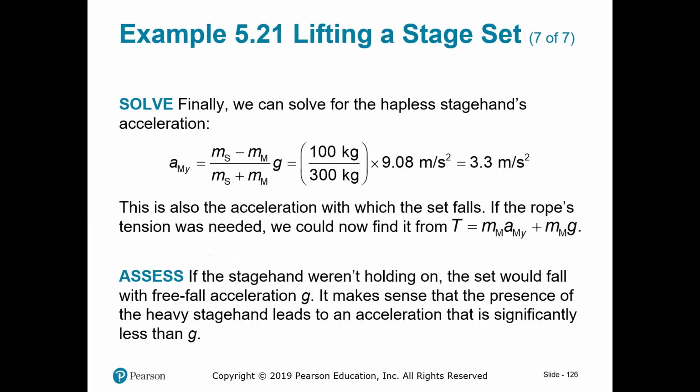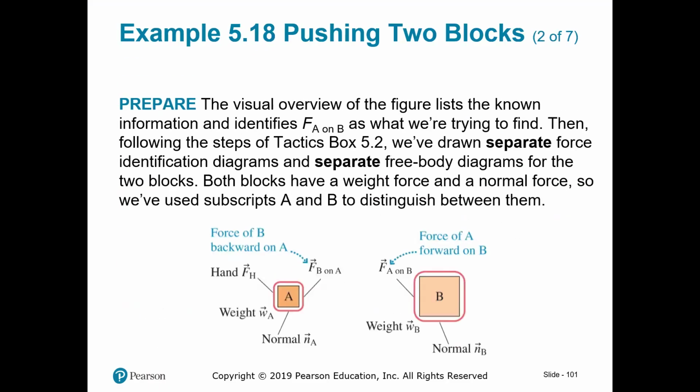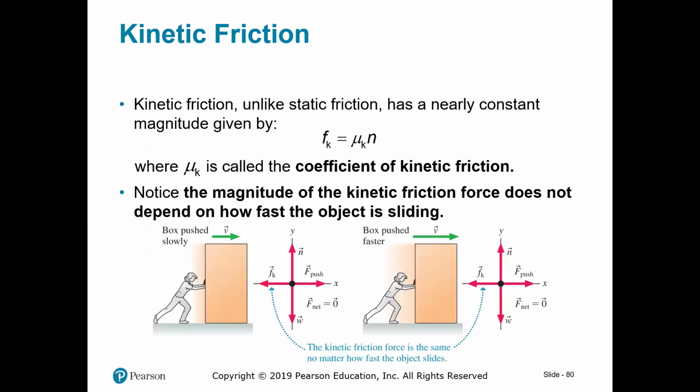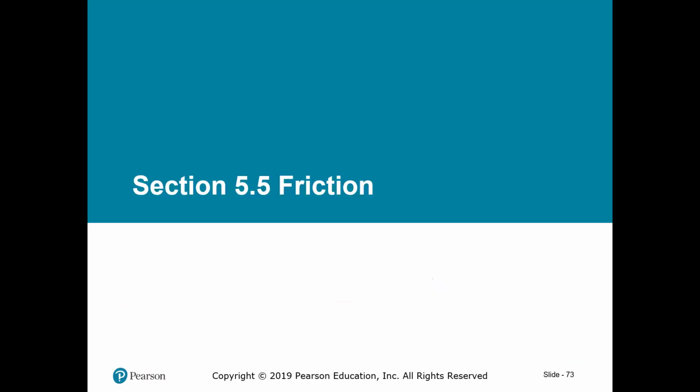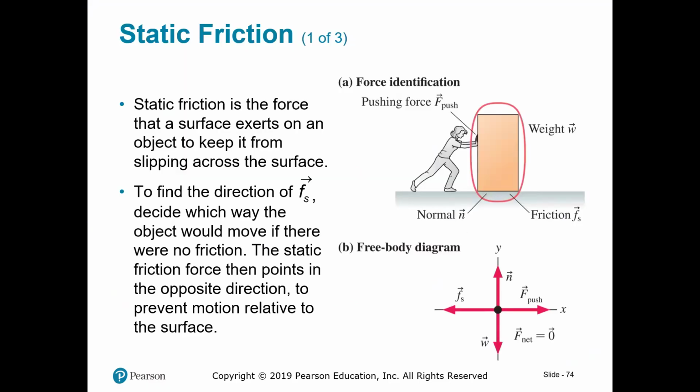Okay, so let me talk about one more topic, friction, and then we'll finish chapter 5 this weekend. Okay, so the friction force: there are basically two different types, static friction force and kinetic friction force. For static friction, assume you have a very heavy object and you're trying to push it, but it's not moving.